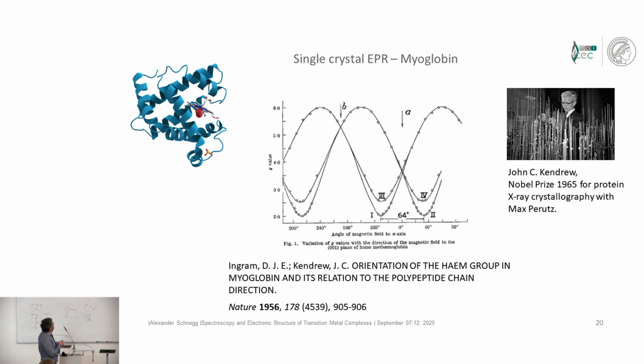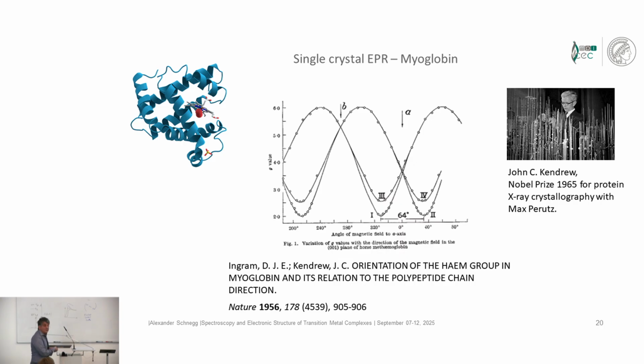So these are the g values. Here is g equals 6. We will come to this later. This is probably taken from metmyoglobin, iron(III) in an S equals 5/2 state. By changing the orientation of the crystal in the spectrometer, they got these curves, and from these curves they could determine the orientation of the cofactor in the protein before the crystal structure was determined.